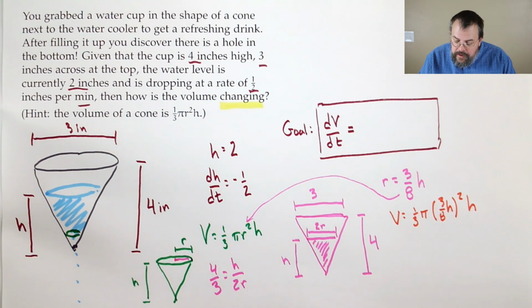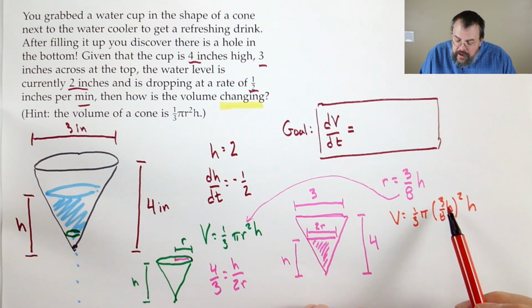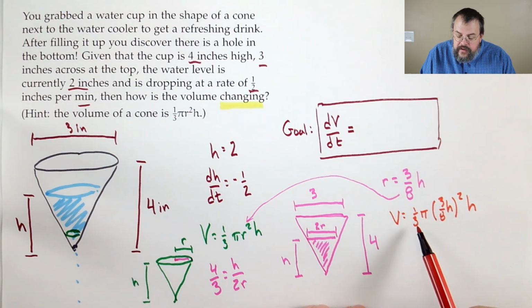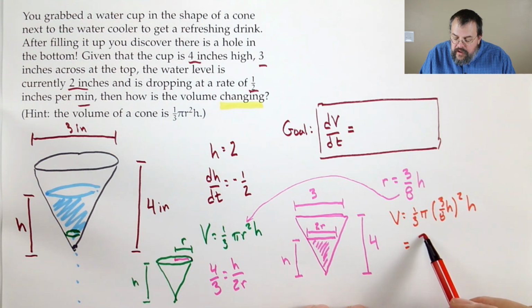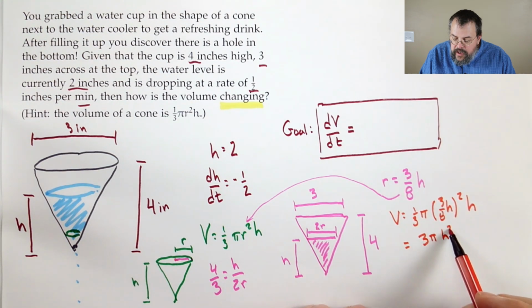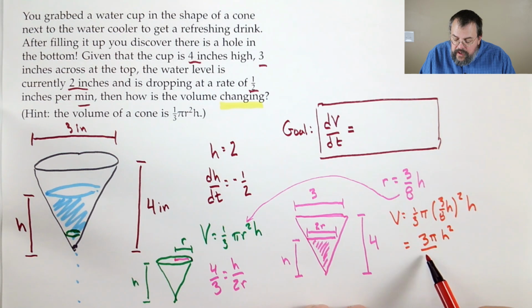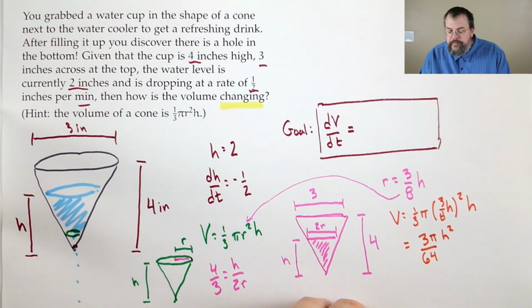So if we clean that up a little bit, if I square 3, that'll give me two 3s upstairs. There's one 3 downstairs. So that'll leave me with a single 3 upstairs, pi h squared. Then downstairs, I canceled one 3, 8 squared, 64.